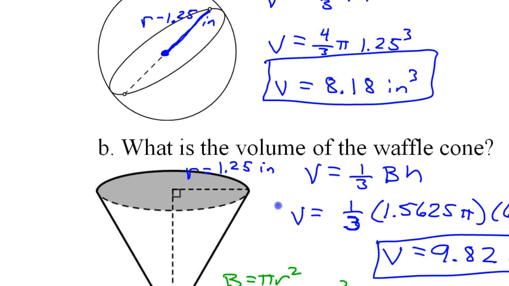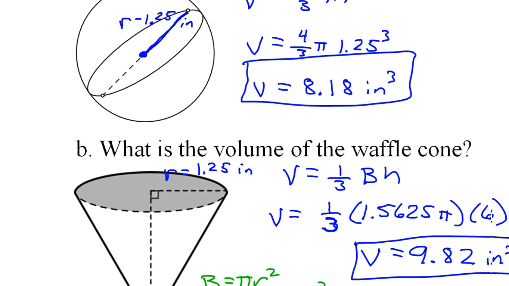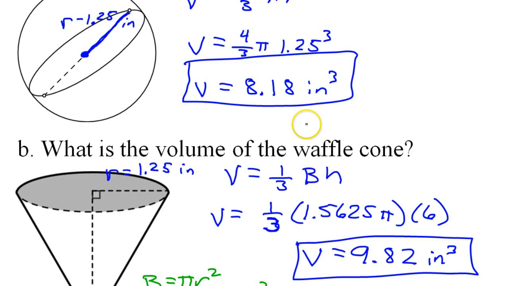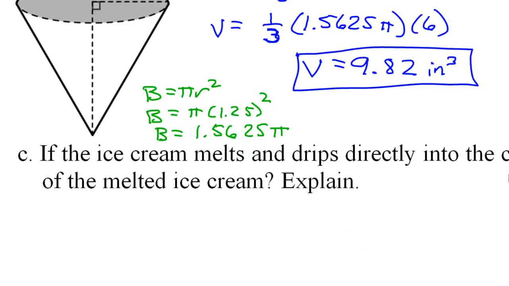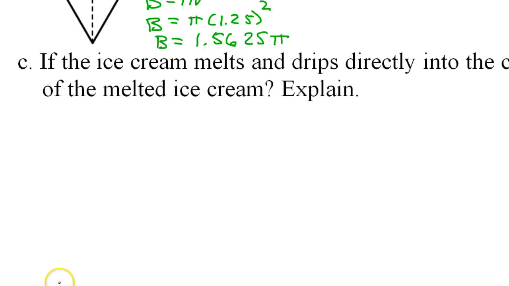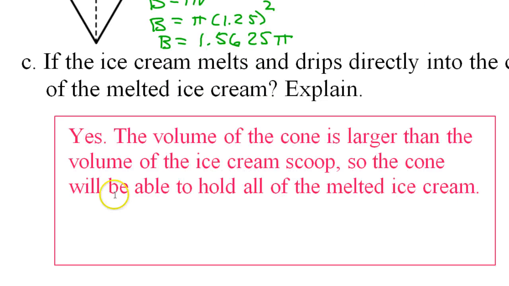So yes, the cone will be able to contain the entire volume of the ice cream because the cone has a larger volume. Let's write that down. We could simply say yes, the volume of the cone is larger than the volume of the ice cream scoop, so the cone will be able to hold all of the melted ice cream.